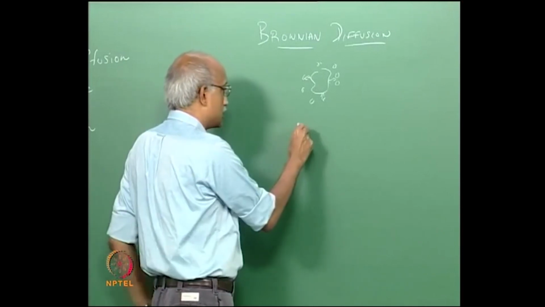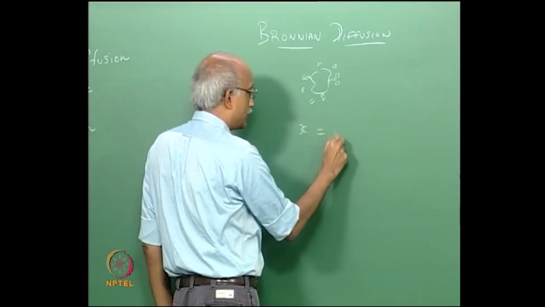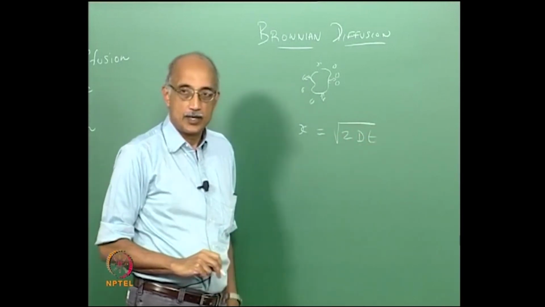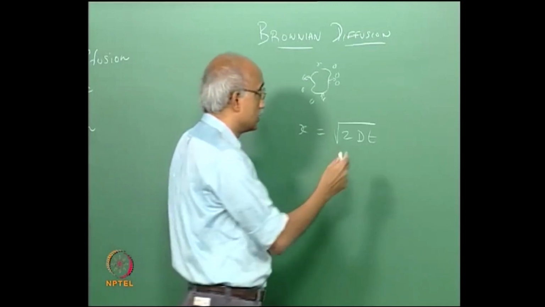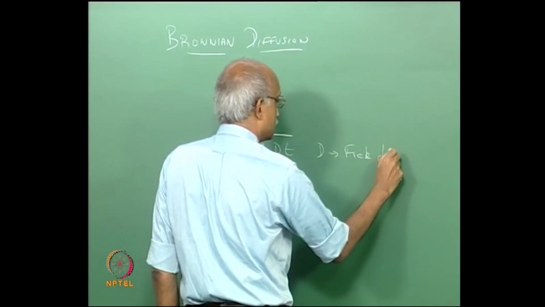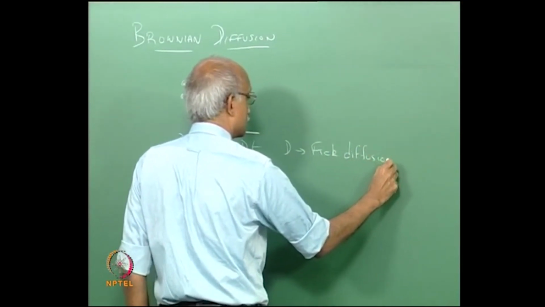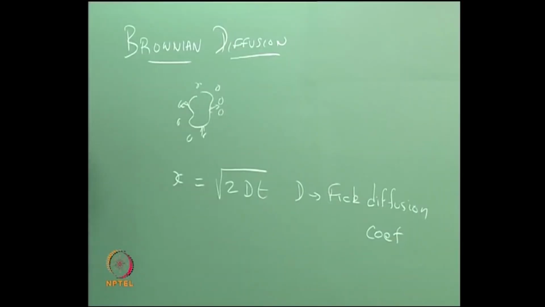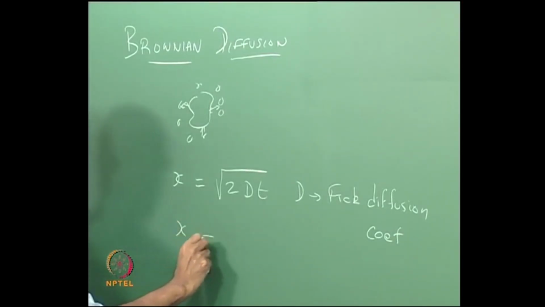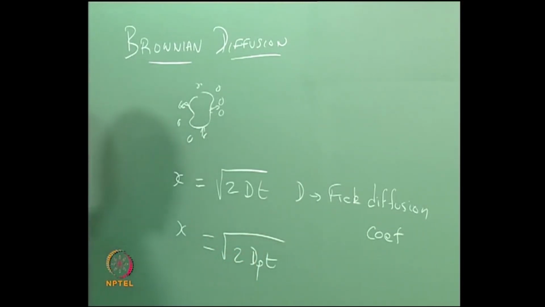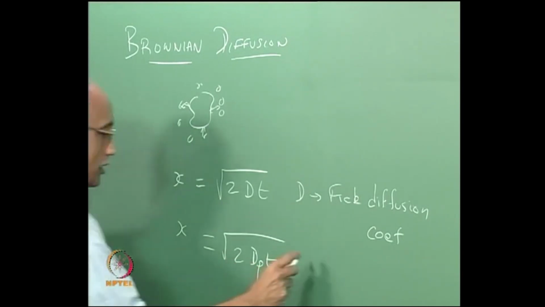And that distance in the case of thick diffusion is given by √(2Dt), where D is the thick diffusivity of the molecules, the thick diffusion coefficient. In the case of particle diffusion or Brownian diffusion, the same formula holds, except that now you substitute the diffusivity parameter with the one corresponding to a particle.